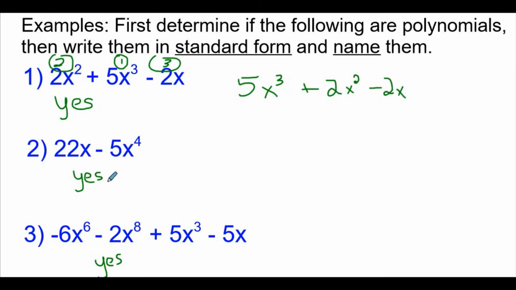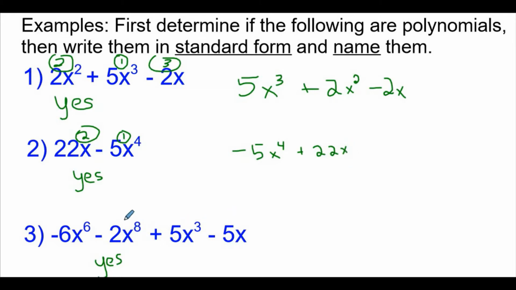We'll put them all in standard form, and then we'll name them. This one would be first, and then this one would be second. So this one would be negative. Notice that the negative on the 5, on the coefficient, comes with it. They're attached. And if you don't have one at the beginning, in the absence of a minus, you have a positive.